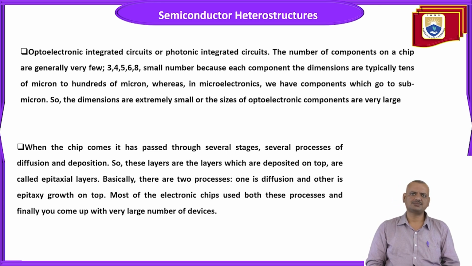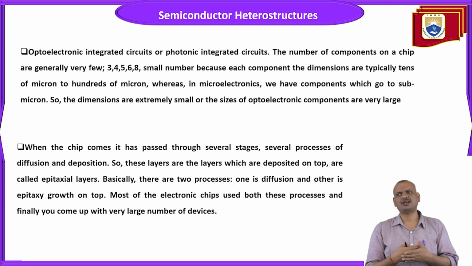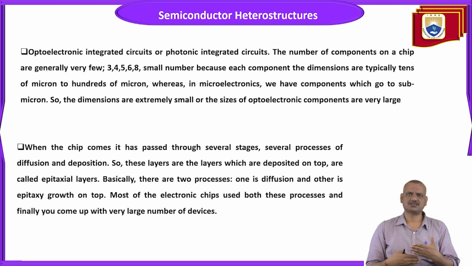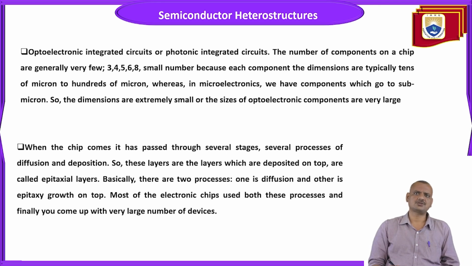Once the chip is prepared, several tests happen to know the performance of that optoelectronic device or photonic integrated chip. When the chip comes, it passes through several stages, several processes of diffusion and deposition.